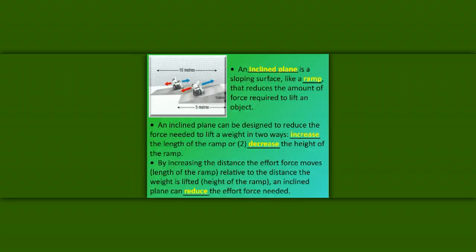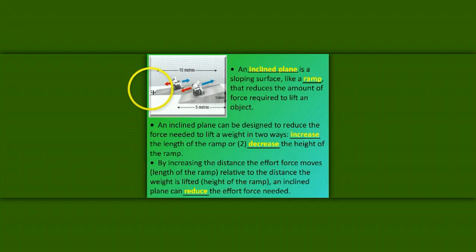We've already talked for a moment about an inclined plane. An inclined plane is a sloping surface like a ramp that reduces the amount of force required to lift an object. As we can see here, the little handicapped student tries to go up the steep ramp and he looks like he's having a very hard time. It's 5 meters long.